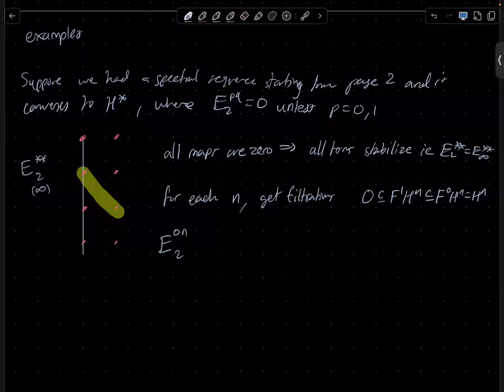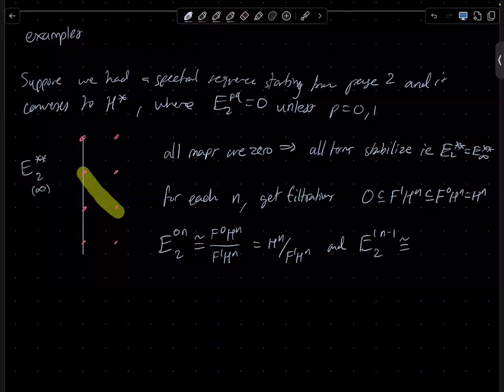So E2_{0,n}, by definition, is F0 H^n mod F1 H^n, which is just H^n mod F1 H^n. And the other one, where now p can be 1, but then I have to have n minus 1 here, E2_{1,n-1}, is just going to be F1 H^n. So for each n, I get a short exact sequence.